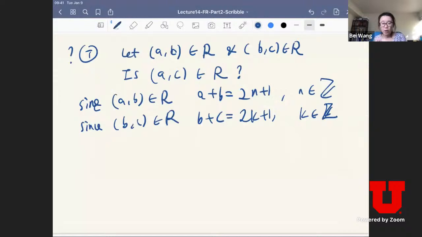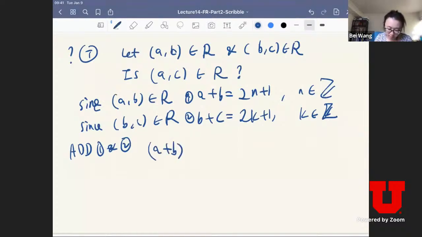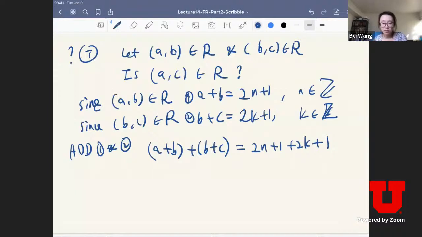Now we need to know what happens with A plus C, okay? So how do I get to A plus C? I add those two together. On the left-hand side, I have A plus B plus B plus C. On the right-hand side is 2n plus 1 plus 2k plus 1. And now I do some simplification. I have A plus C plus 2B is equal to 2 times (n plus k plus 1).